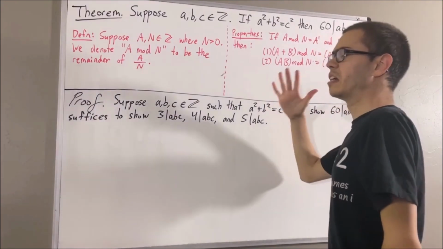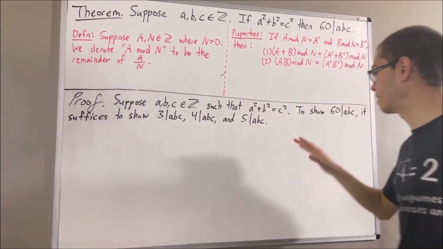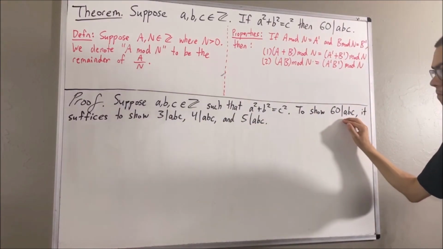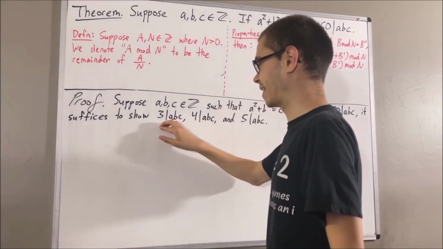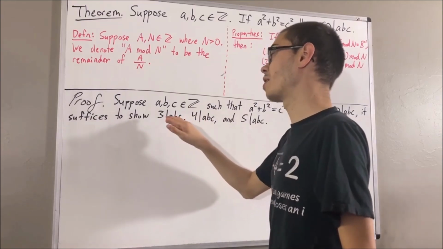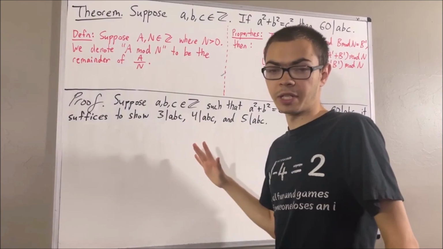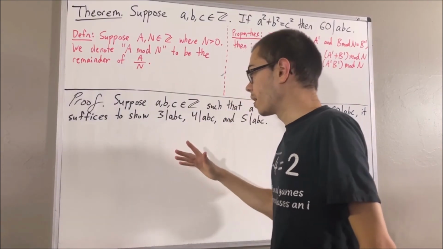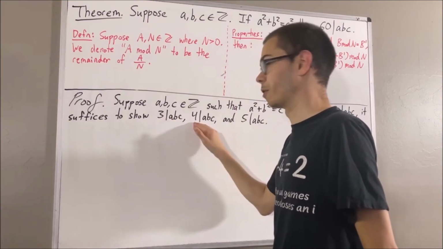Now first, let me just explain why showing these 3 things implies that 60 divides abc. Well, if we know that 3 divides abc and 4 divides abc, it follows that the product 3 times 4 divides abc. In other words, 12 divides abc. The reason why that works is because the greatest common divisor of 3 and 4 is 1.